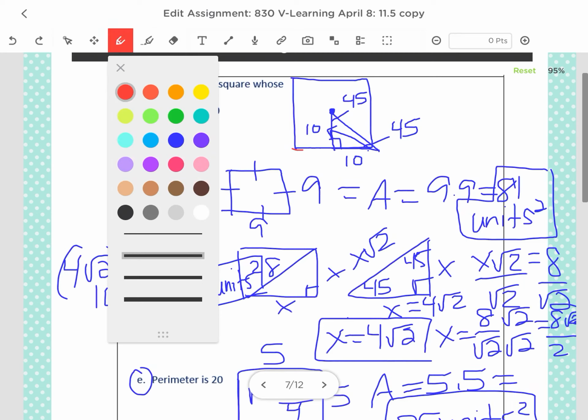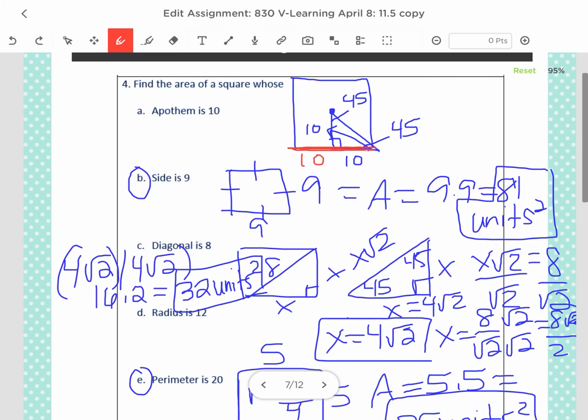Since I need the entire length of this, and I know the apothem bisects it, they're both going to be 10. So that means one side length there is 20. Not so bad. Actually easier than the one where we just did the diagonal. So if one side is 20, 20 times 20, it's going to be 400 square units.